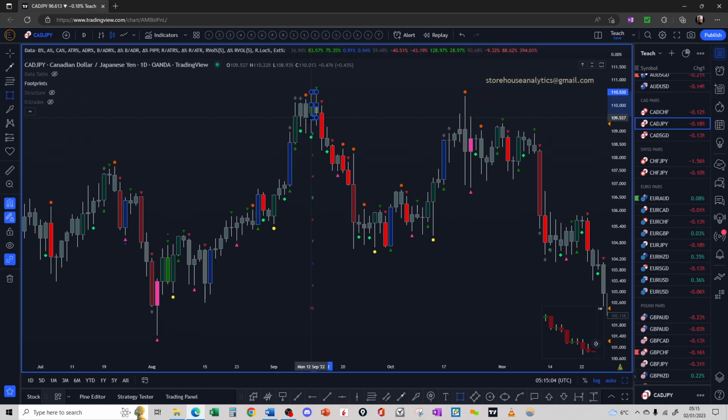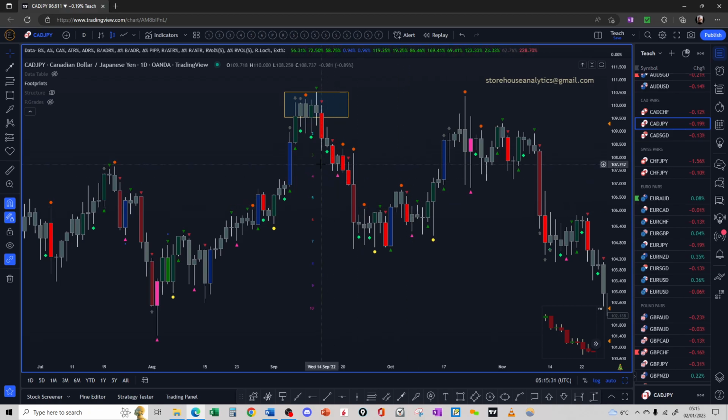There's a supply zone right there. Rally, base, drop. How did prices leave the zone? In a decently strong fashion. Yeah, the body is strong. It's closing nicely in the range. Whatever the filters you are applying, it's decent enough. It's not the greatest, but it's decent enough.